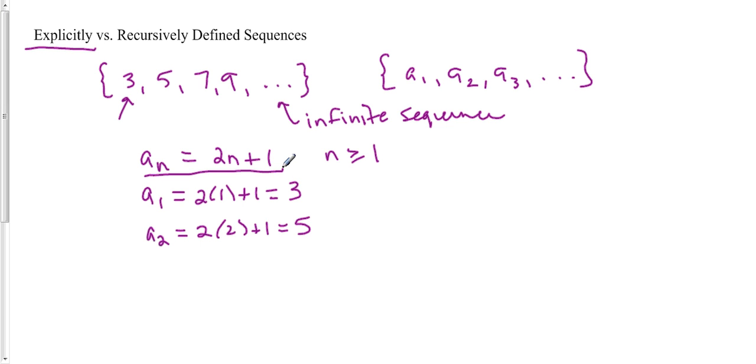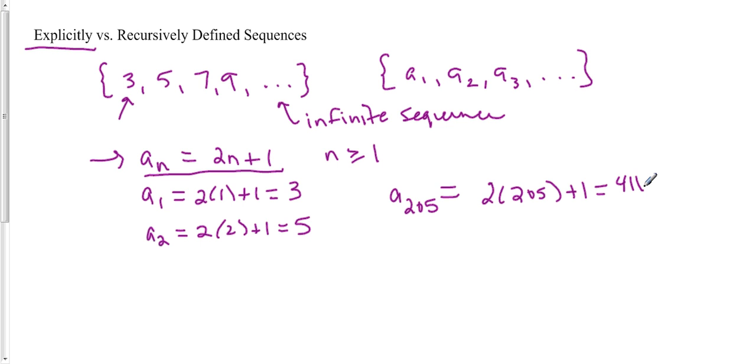So if, for instance, I wanted to figure out what the 205th term of my sequence is, I just go to my general formula and substitute in 205 anywhere that I see an n. And if you can do your math quickly enough, we're going to end up with 411.